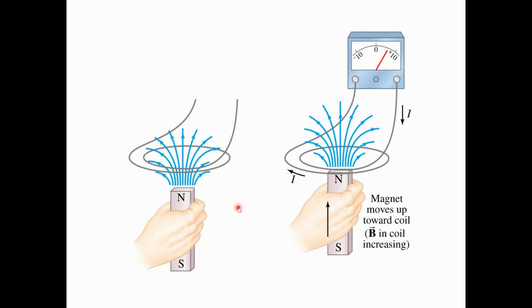So let's sort out what's going on. By moving the magnet closer, we increase the magnetic field strength inside the circle, right? And if you calculate what the flux is, which would be the magnetic field strength times its area, the flux increased. It got stronger in the upwards direction, right? Yes.